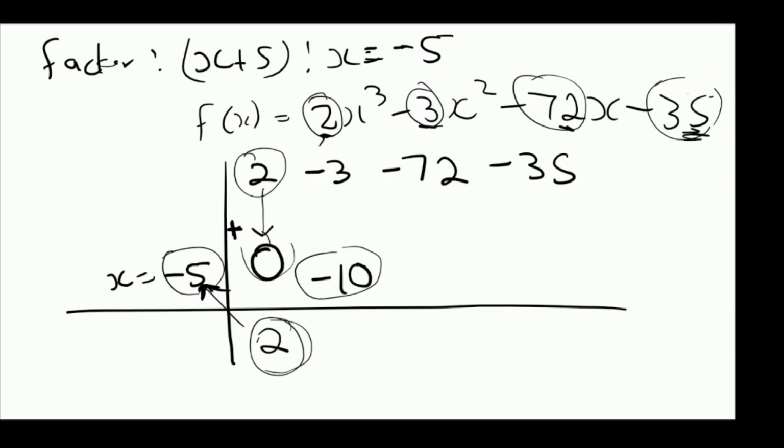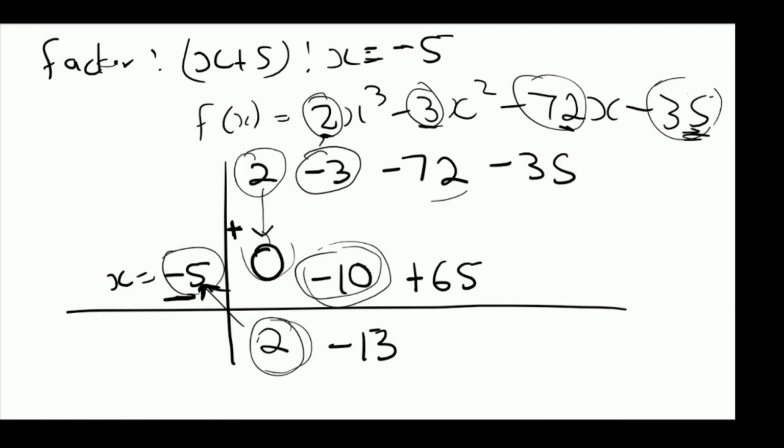And then you repeat the process and say minus 3 plus minus 10 gives you minus 13, right? Minus 13 times this minus 5, it's going to give you plus 65 because it's minus times minus.